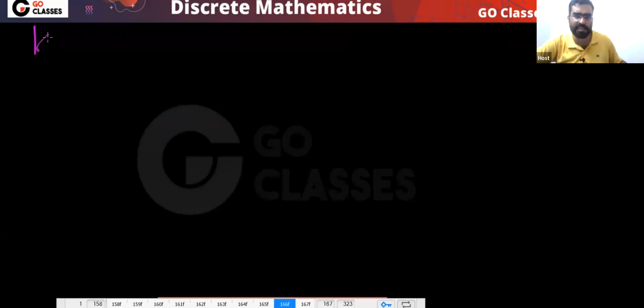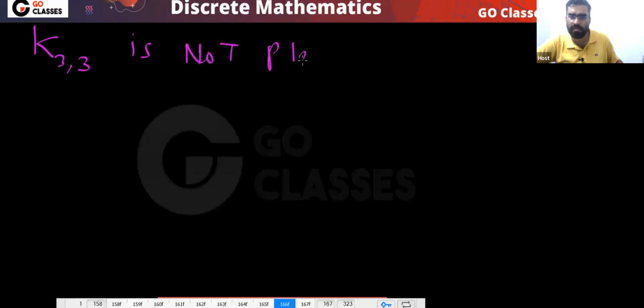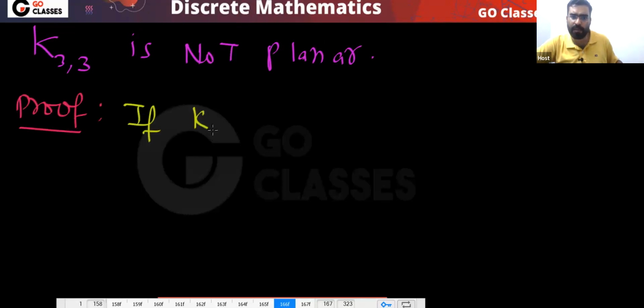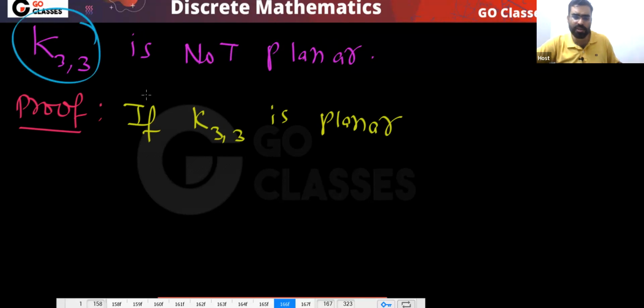Similarly, K33 is not planar. What is the reason? If it is planar, then what should happen? Remember, this is your bipartite graph, so there is no odd cycle.